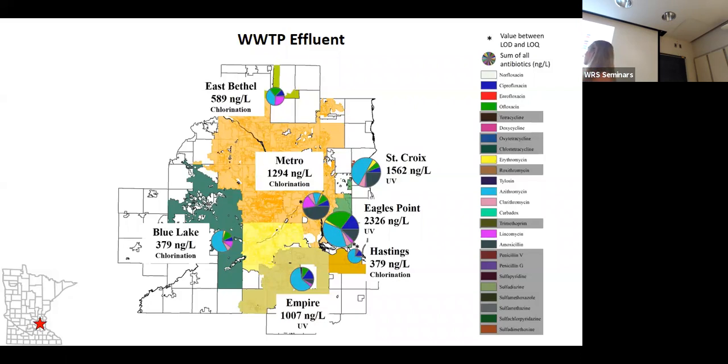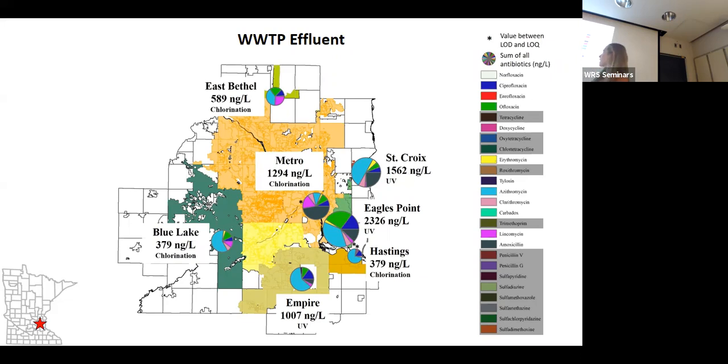But with that, about half of them use chlorination and half of them use UV. So it was a good way to compare how these different treatment methods are performing. For the most part, the chlorination performed better than the UV. And you can see that in both the total size of the circles, so the total sum of antibiotics, as well as in the individual sums of antibiotics.